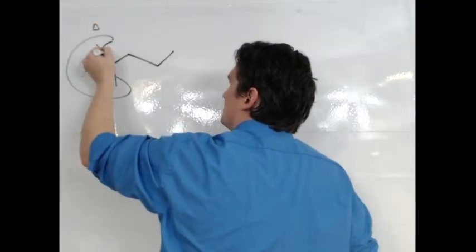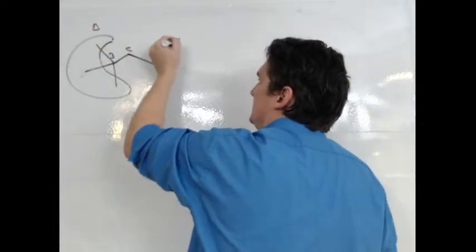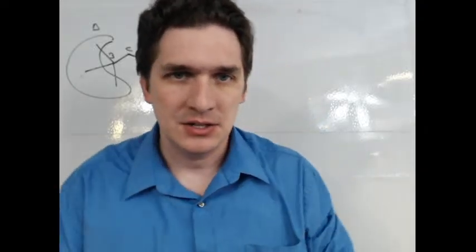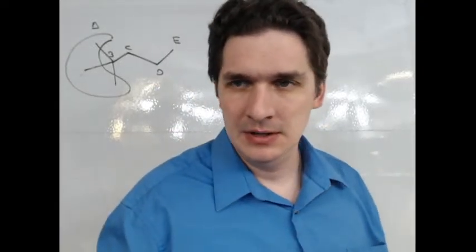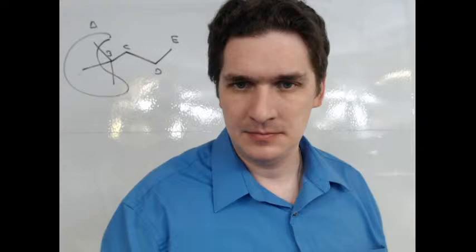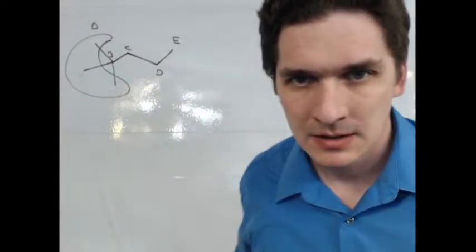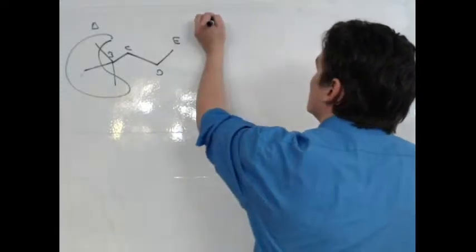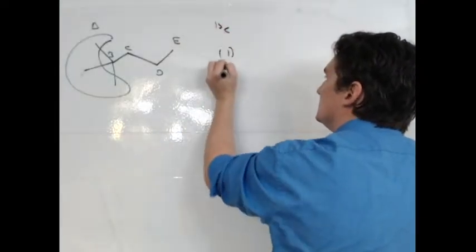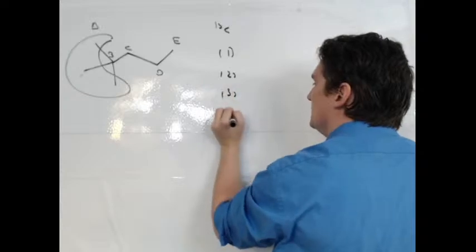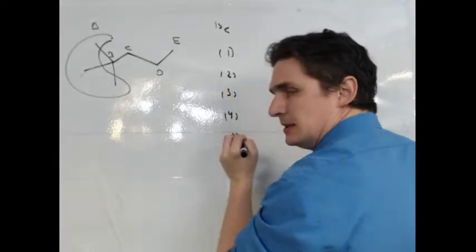So you have A carbons, B, C, D, E. And in the discussion board, carbon-13, 1, 2, 3, 4, 5.